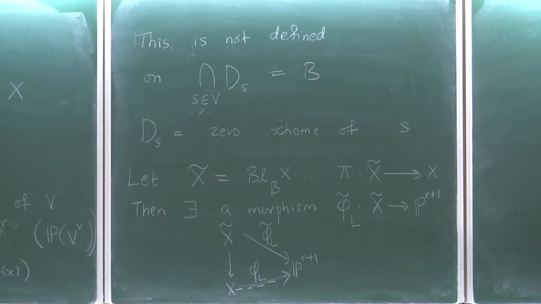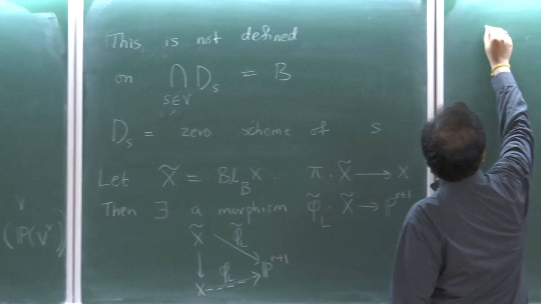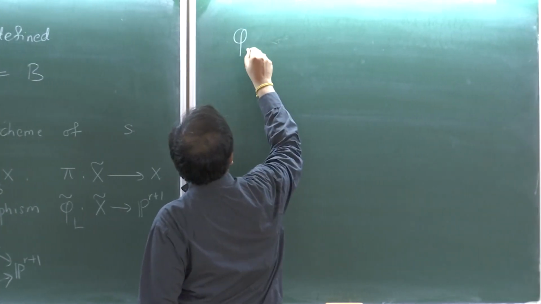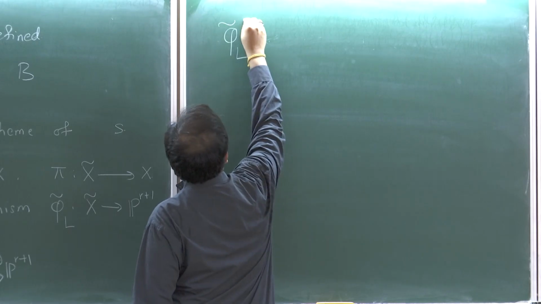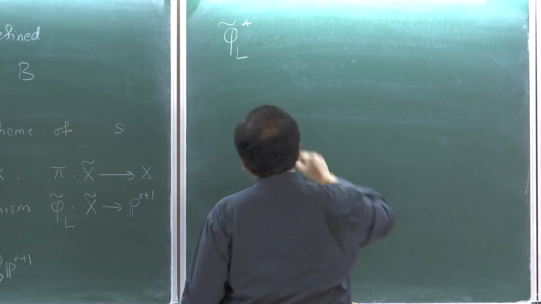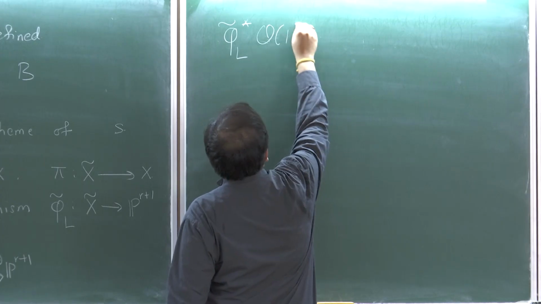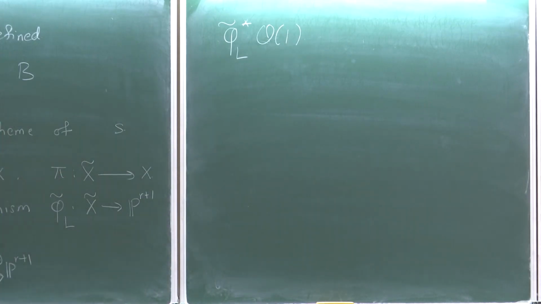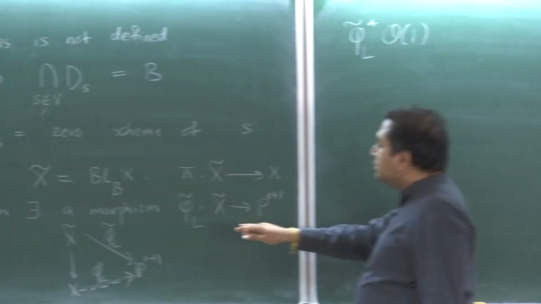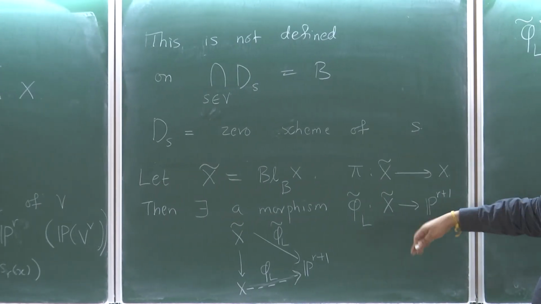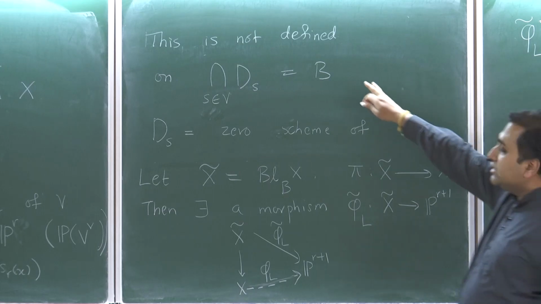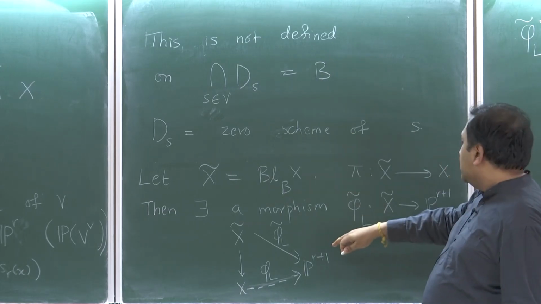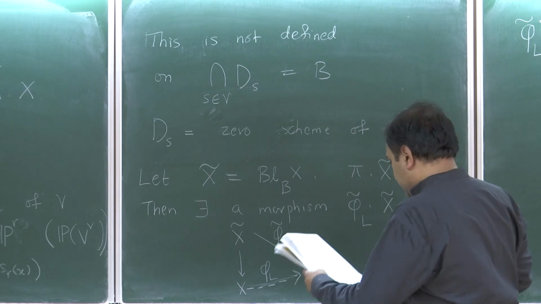Now, for phi L tilde upper star of O(1): if this had been a morphism, then the pullback of O(1) would have been L. But here the idea is that out of this L, you remove the exceptional divisor.